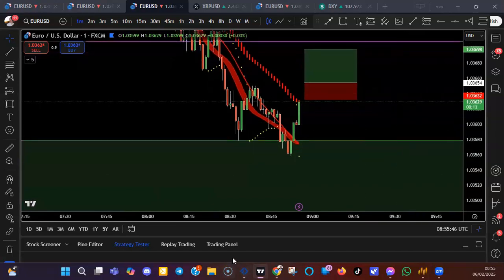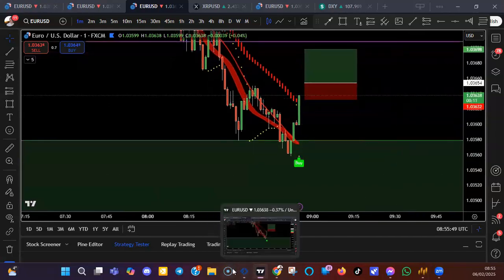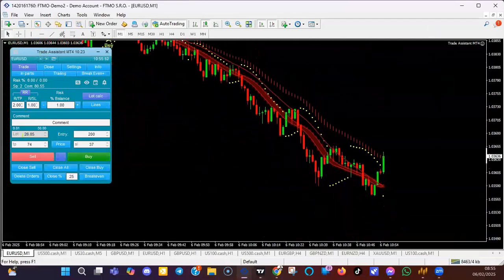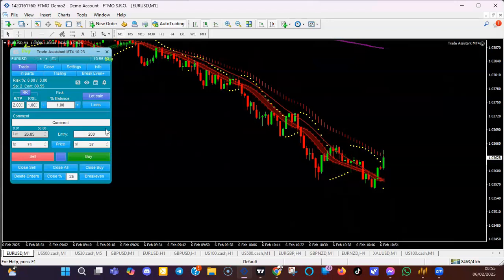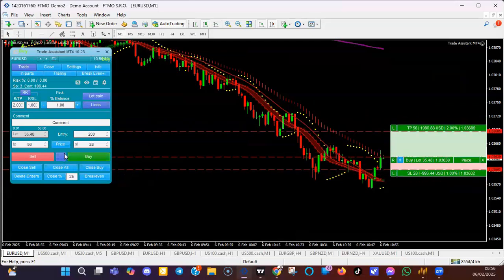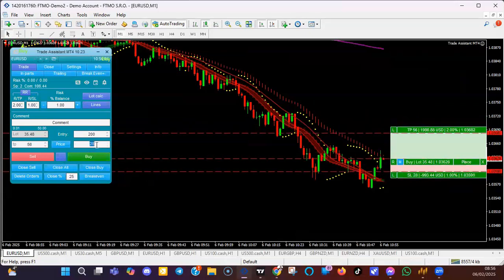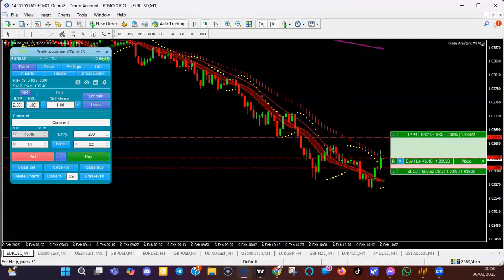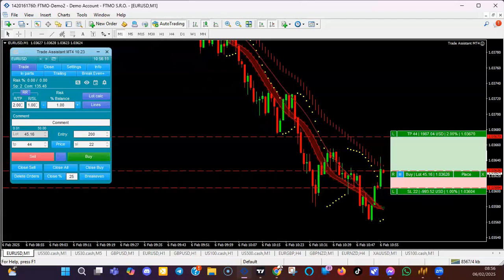Right, so now look at this. All of a sudden, oh, I can't, it went off again. But I'll get my lines ready. I want to go 2.2 pips, so I'll write 22 in there. That's minimum. It might be a bit more before we get the green, green, green.